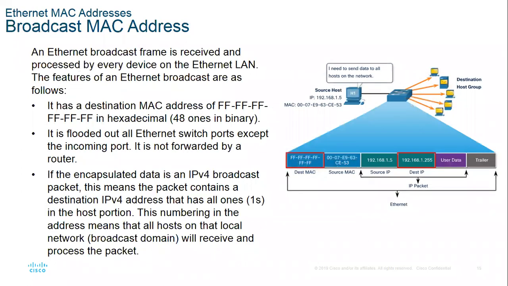A broadcast MAC address is one where all 48 bits of the Ethernet address are equal to 1, which means that if the destination MAC address is a broadcast, it should be all F in hexadecimal. When you transmit an Ethernet frame with a broadcast destination MAC address, it is going to be broadcasted to all ports while crossing a switch, except the port from which the frame came.